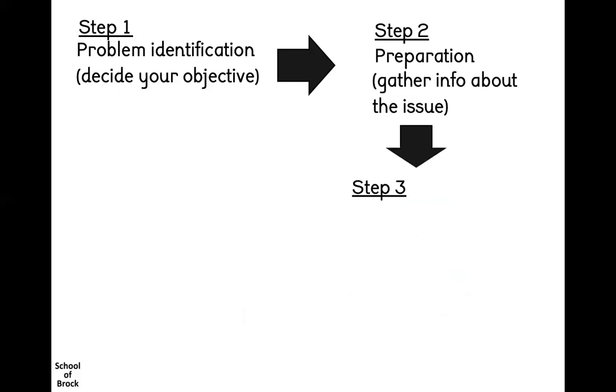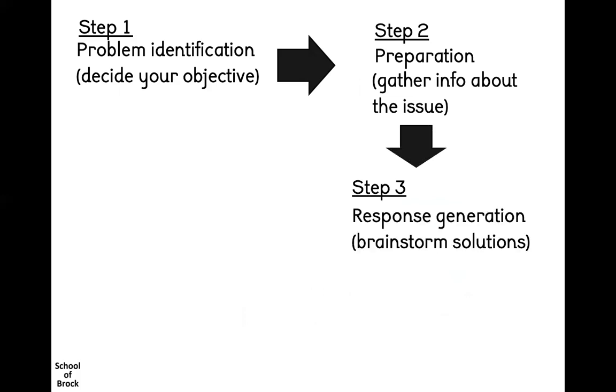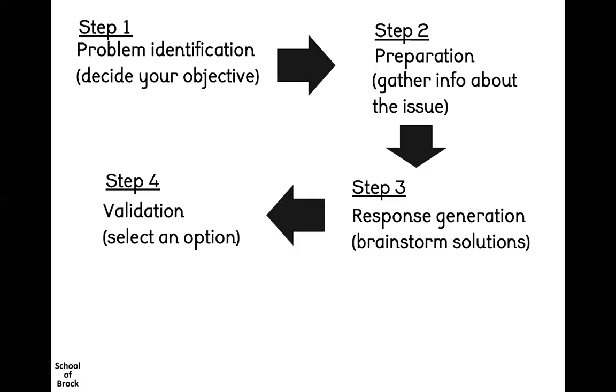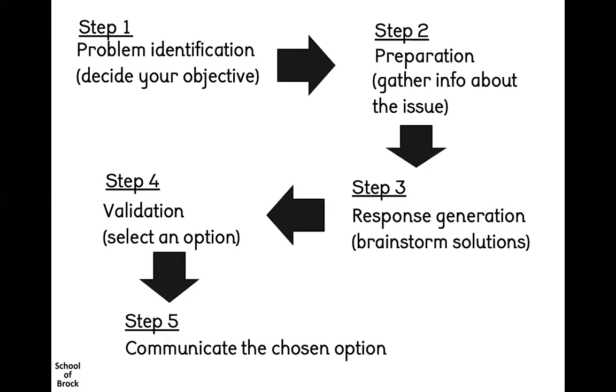Step 3, you brainstorm solutions. You generate some responses. Step 4, you validate, you choose one of those options as the one you want to do. And step 5, you communicate the chosen option. Go to the organization, say this is what we're going to do.